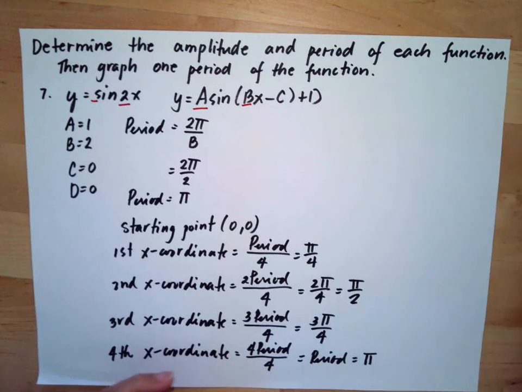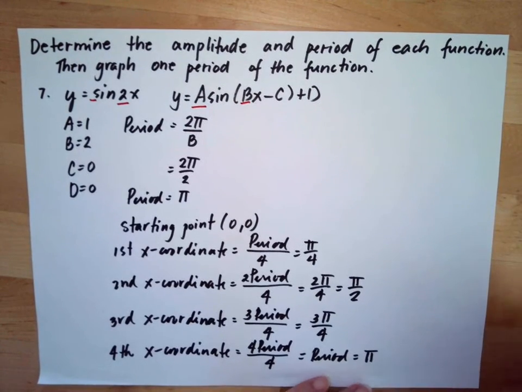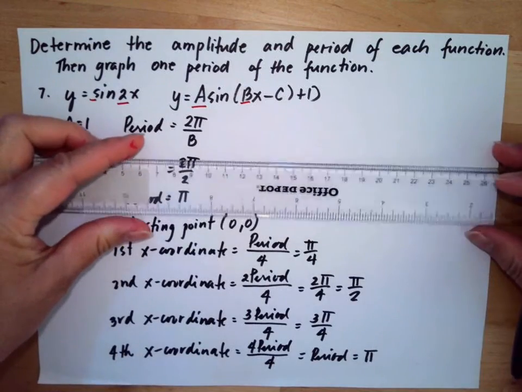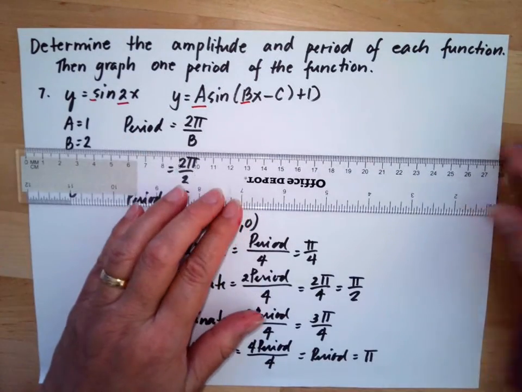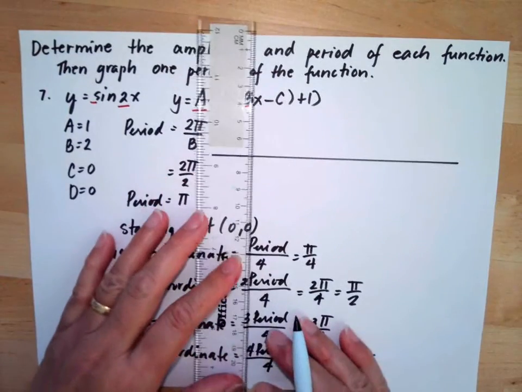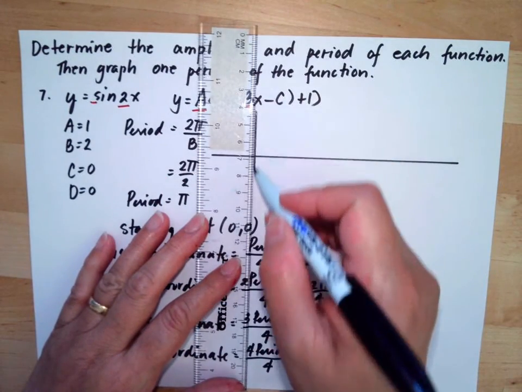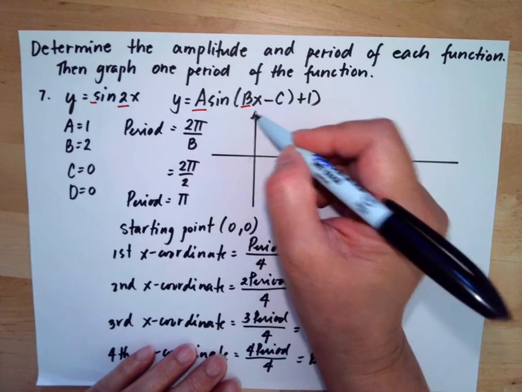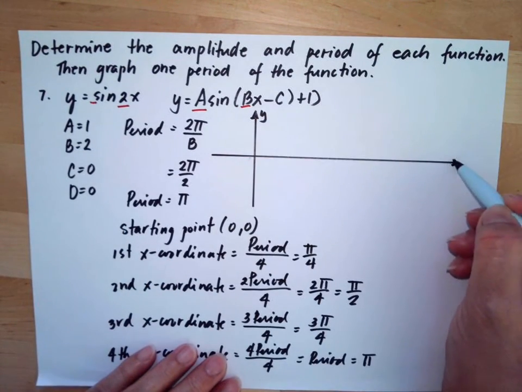Then we can start graphing, but to do that, we need to set up our x and y coordinate. So this is our x-axis, and this will be our y-axis. So this is our y, and this is our x.